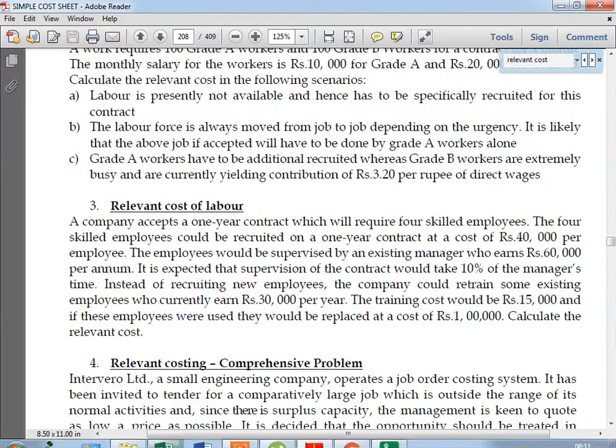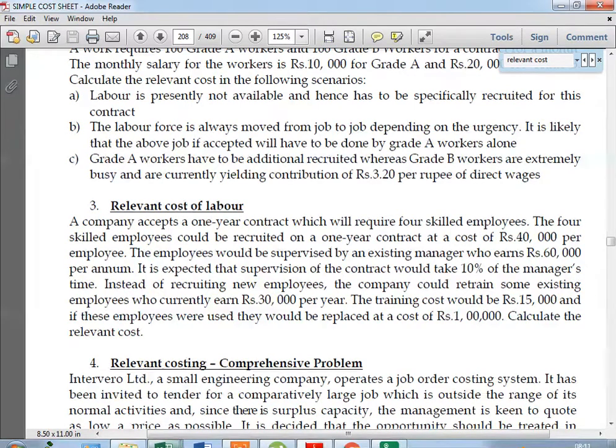Supervisor will be paid 60,000, and he would spend 10% of his time for the new contract. Full stop.